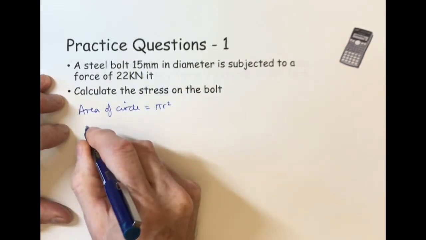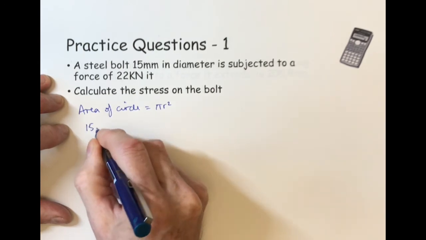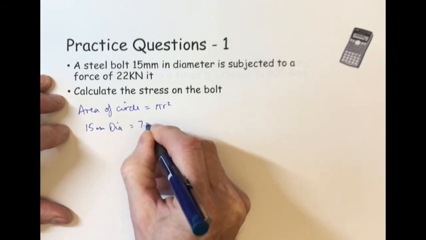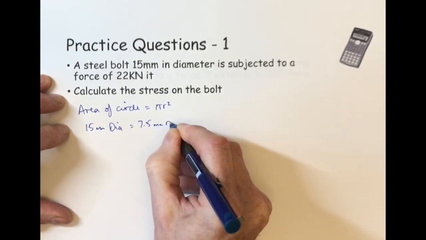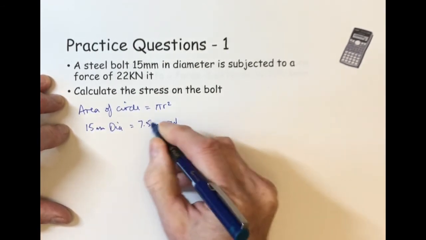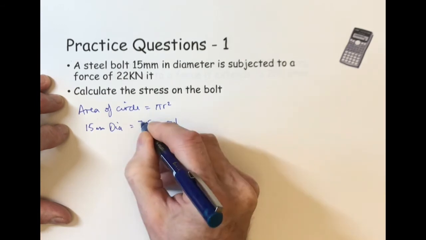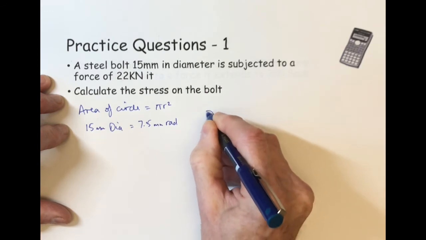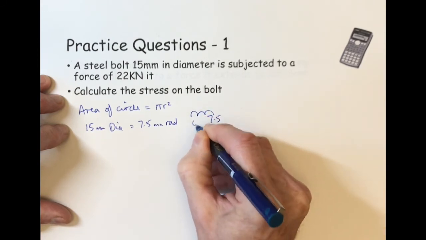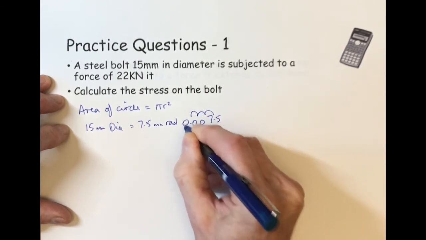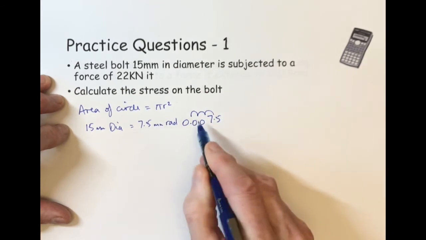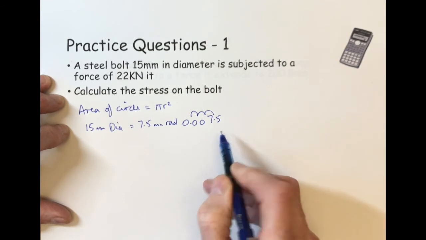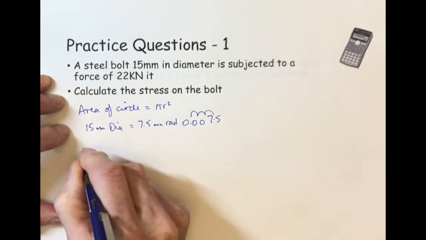So we know that 15 millimetres in diameter equals 7.5 millimetres radius. And to convert that to metres, we just jump the decimal point along a bit. So it's 7.5. Go 1, 2, 3, to divide it by 1,000. So 7.5 millimetres is 0.0075 metres.